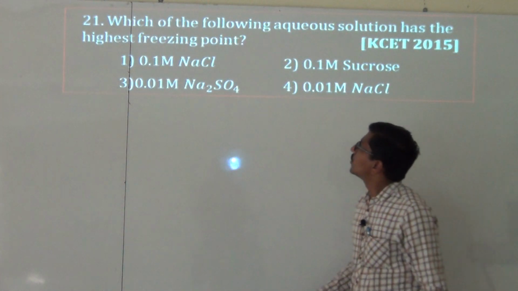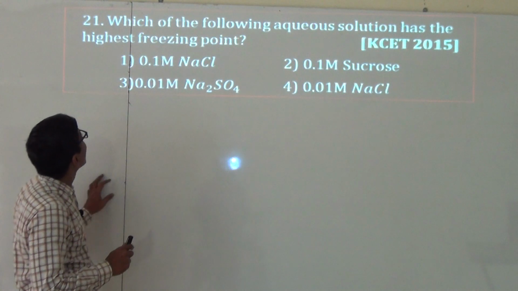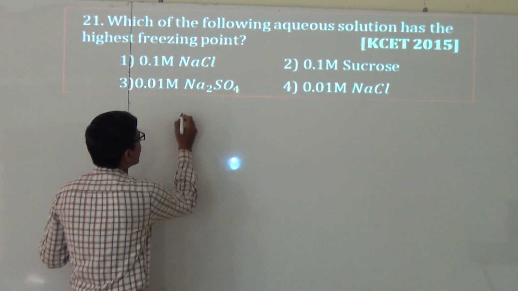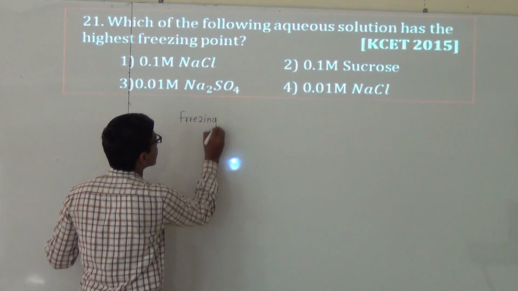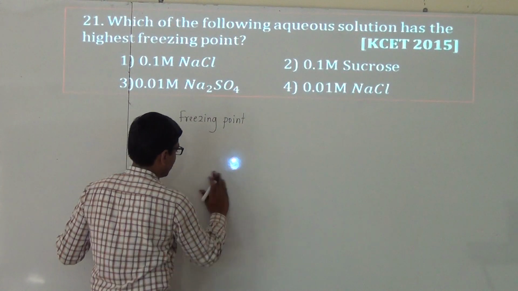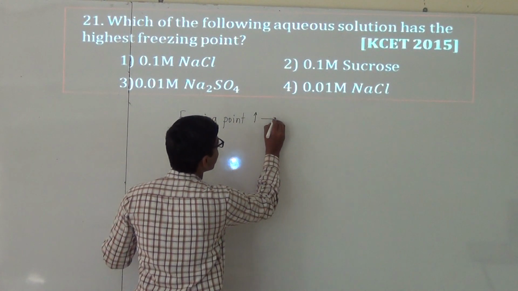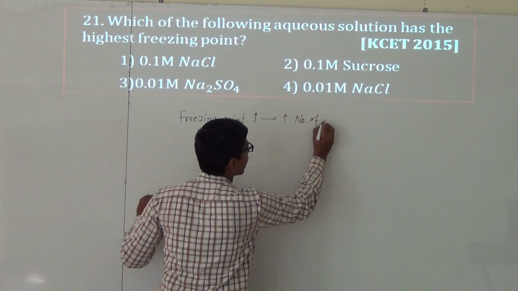Next question: which of the following aqueous solutions has the highest freezing point? Here, look, freezing point increases with a decreasing number of particles.